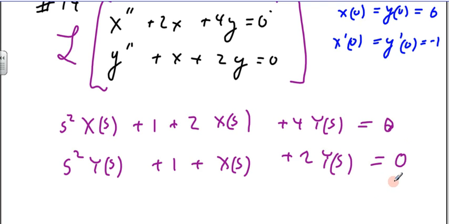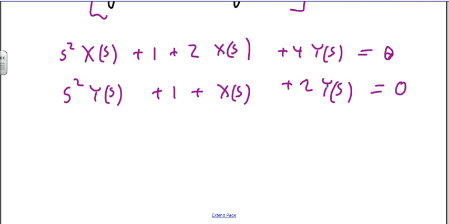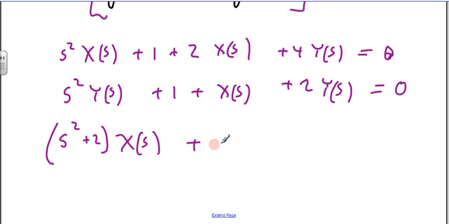Okay, so I got those guys, and now I'm going to line them up in an equation, so it looks like I have two equations, two unknowns. Okay, so I'm going to have s squared plus 2 X of s plus 4 Y of s is equal to minus 1.